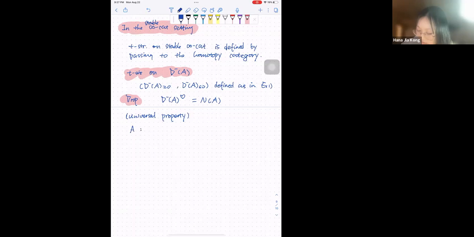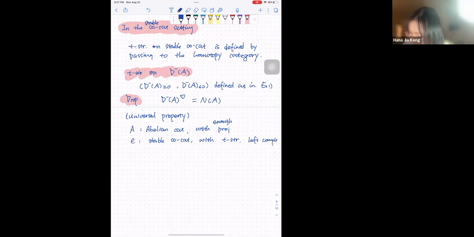So A is, say, an abelian category with enough projective objects, and C is a stable infinity category with a t-structure, and here we want this t-structure to be left complete.